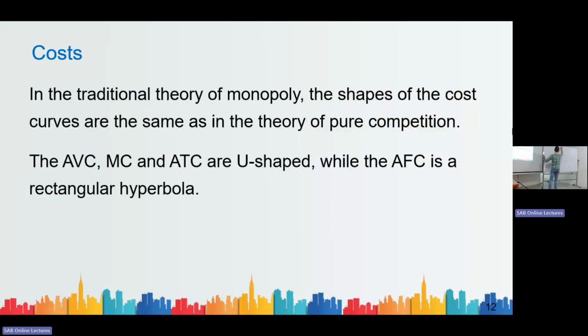MC goes like this, AC, AVC, so these are the typical shapes of cost curves we have already discussed. So these shapes will apply to monopoly as well.